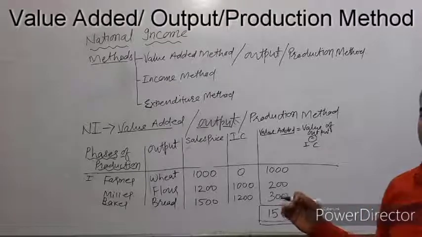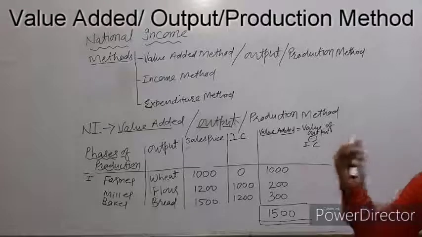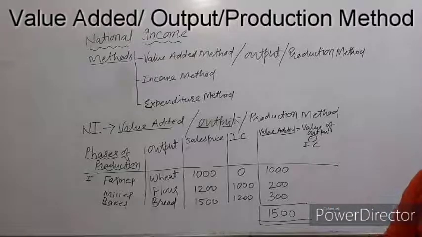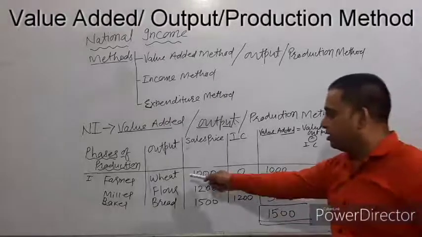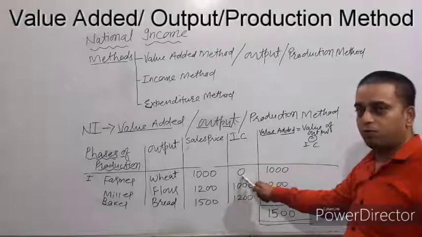We can relate it now. It is not the right way, but if you want to relate and understand, it will be easier for you. So sales minus purchase is equivalent to profit. Same as here, for production, 1000 is the sales price, intermediate consumption is 0.